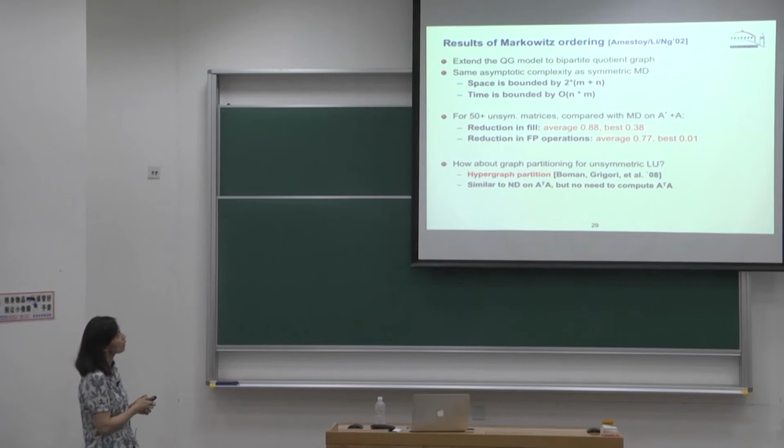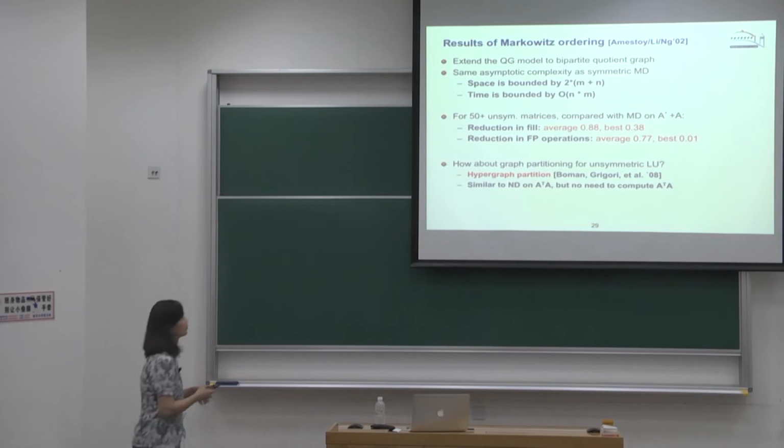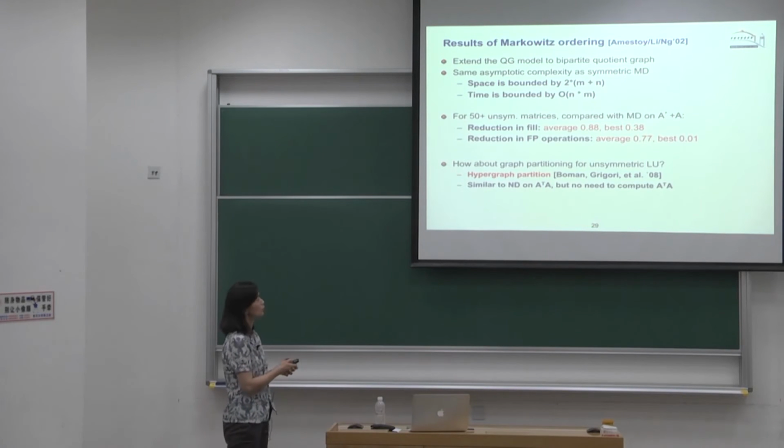It's similar to applying nested dissection to the symmetrized matrix, but using a hypergraph, you don't need to compute A transpose A. You can do an exercise even in MATLAB: generate a sparse matrix and compute A transpose A. In fact, there can be a lot more non-zeros in A transpose A compared to the original A. So if you can manage to do something without forming this, it's very good.